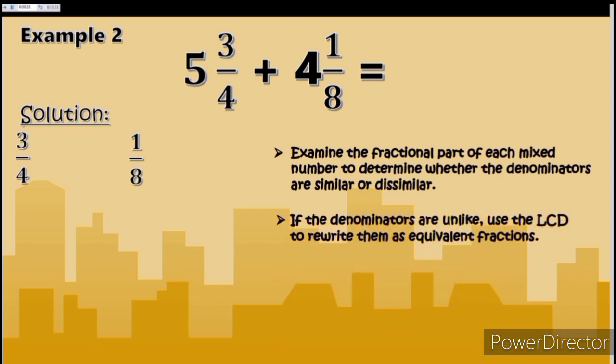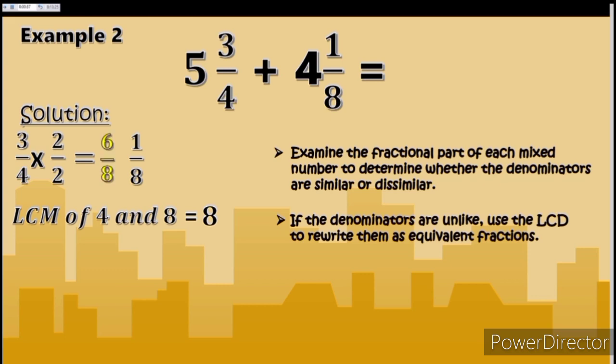If the denominators are unlike, use the LCD to rewrite them as equivalent fractions. The LCM of 4 and 8 is equal to 8. Now let's change the denominator of 3/4 into 8. This will become 6 over 8. For 1 over 8, it will remain as 1 over 8.